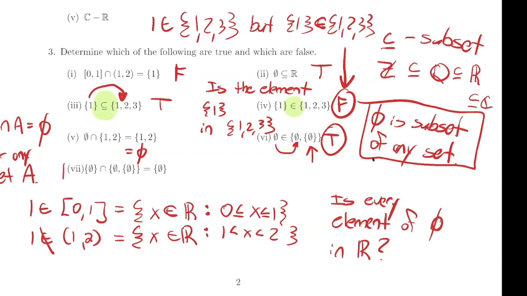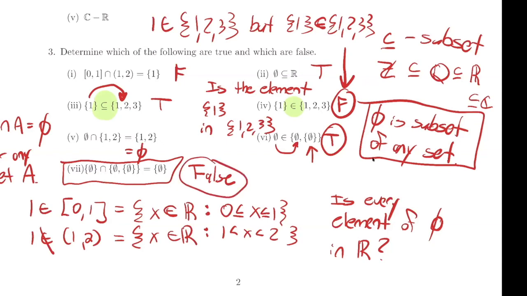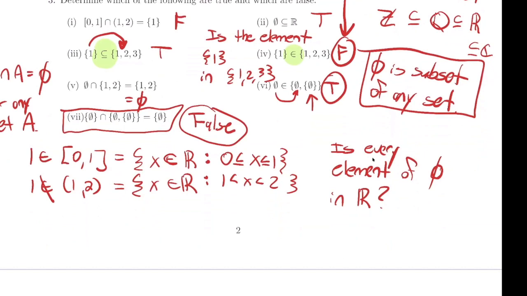And then for this last one, I'm taking the intersection of the set that contains the empty set and the set that contains the empty set and the set that contains the empty set. What do you guys think about this one? Okay, yep. I take the intersection of these 2. This would be a false statement.